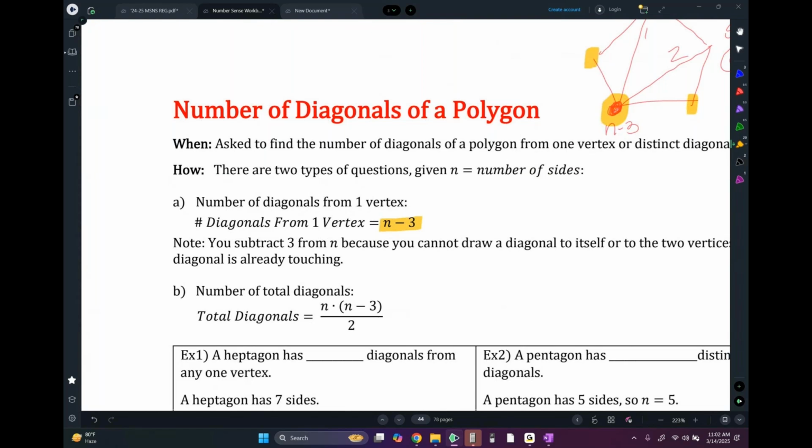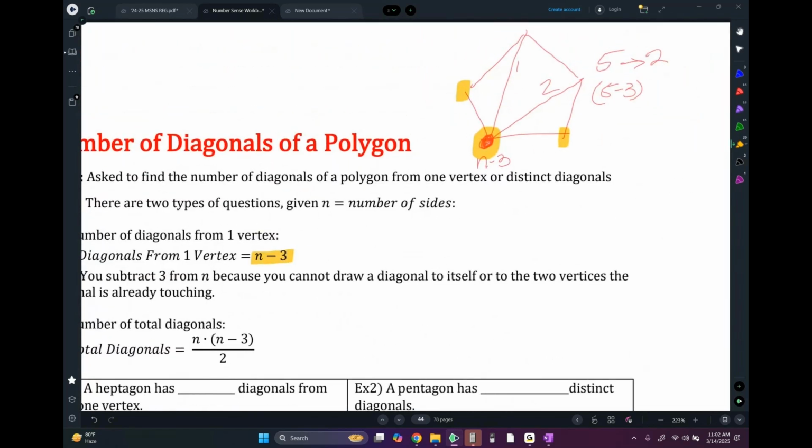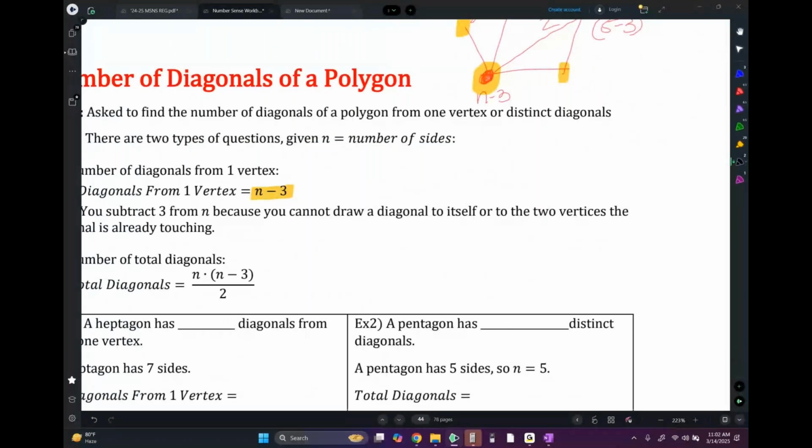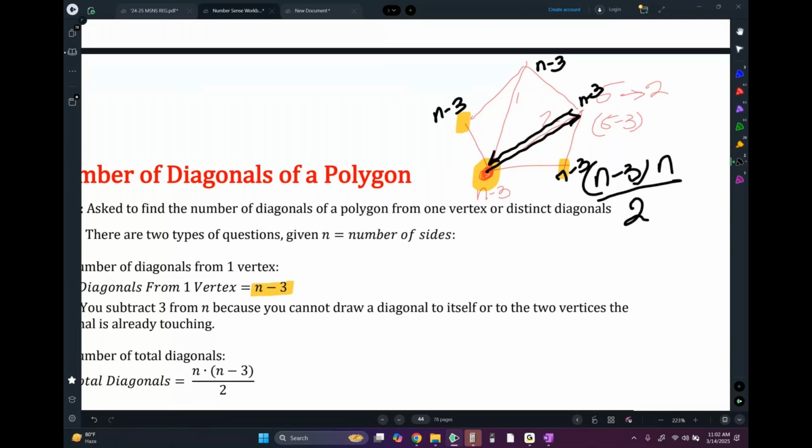And then the total number of diagonals, now I'll explain this for a second. You would think the total number of diagonals would be n minus 3 times n, because every corner could do n minus 3. But if you do that, you realize your answer is twice as big as you thought it should be. The reason you have to divide by 2 is one time you're going to construct this diagonal, but later on when you do the other diagonal, you're going to do the same diagonal.